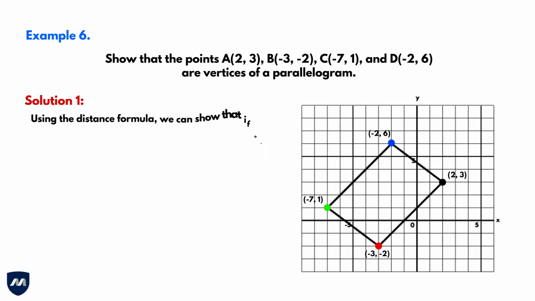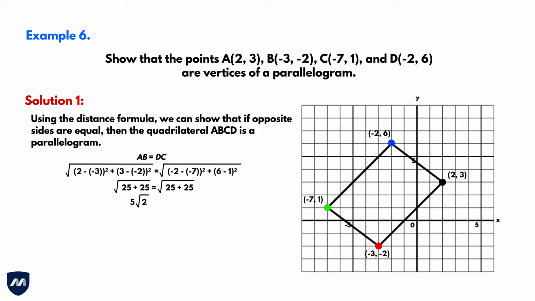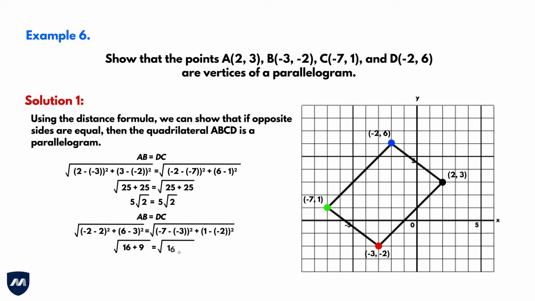Using the distance formula, we can show that if opposite sides are equal, then the quadrilateral ABCD is a parallelogram. Conclusion: quadrilateral ABCD is a parallelogram.